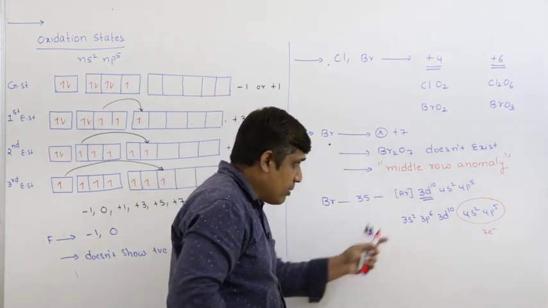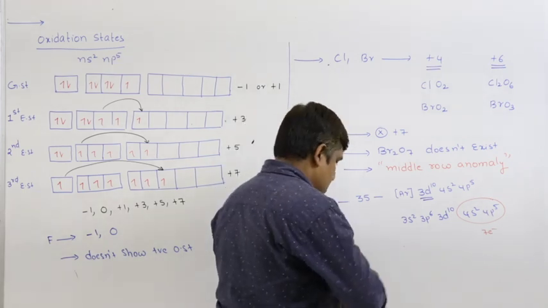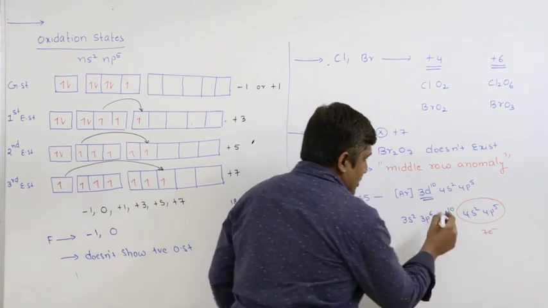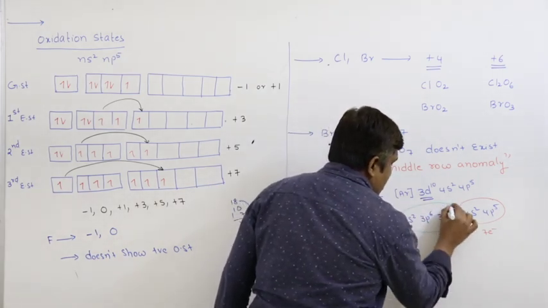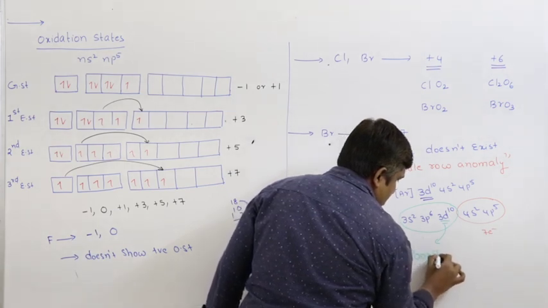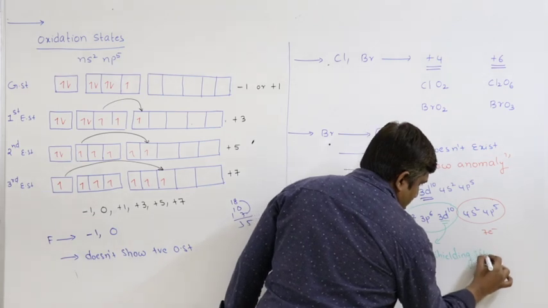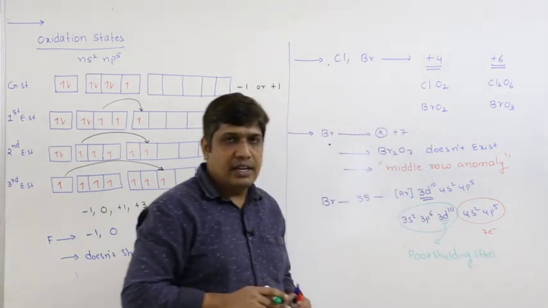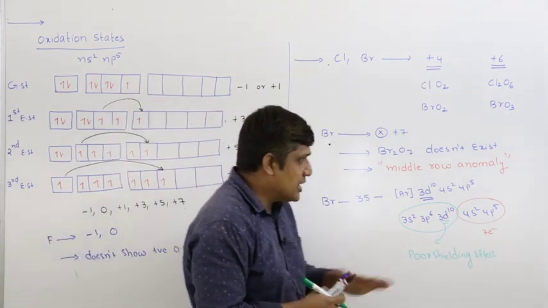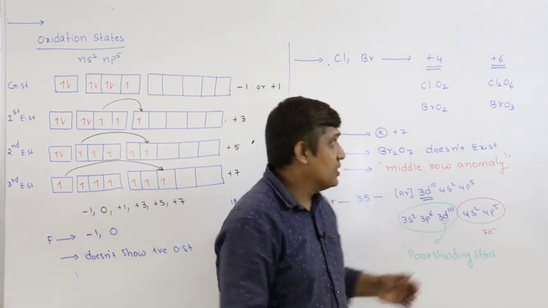Now, what is the problem with these 3d electrons? The problem with 3d electrons is they have poor shielding effect. So what happens? Because of the poor shielding effect of 3d electrons, the effective nuclear charge, that means the net nuclear charge on these 4s2 electrons, is high.